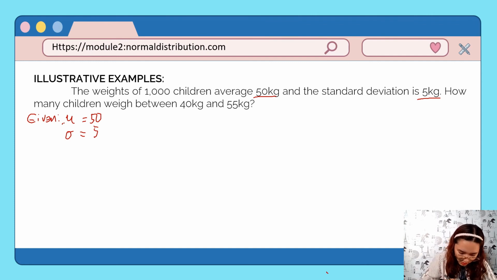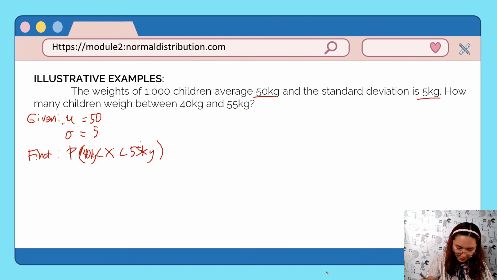Ngayon, ang hinahanap po natin ay yung probability na yung ating weight is between 55 kilogram and 40 kilogram.